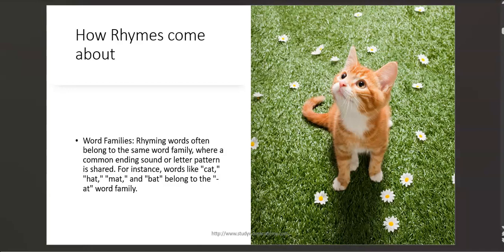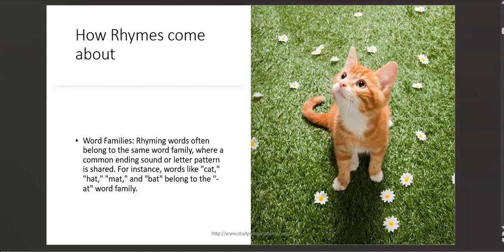Whoever you live with is your family. Words too have families. We have word families, and rhyming words belong to the same word family, okay? Even you are related to your mother and your siblings, you all belong to the same family. Same as the rhyming words and the rhyming patterns, they belong to the same family.